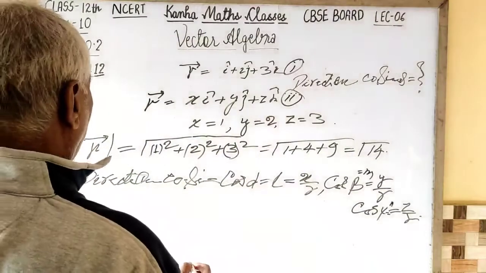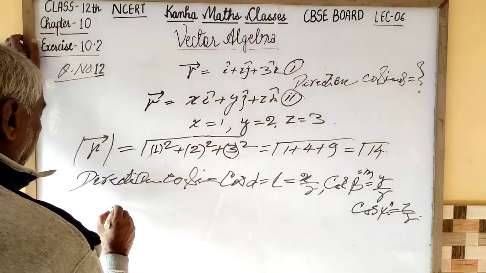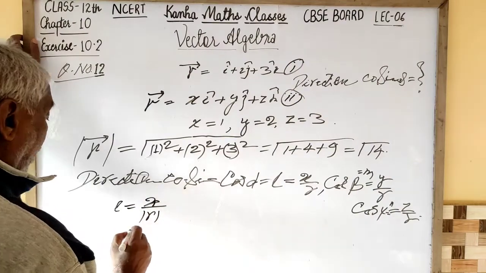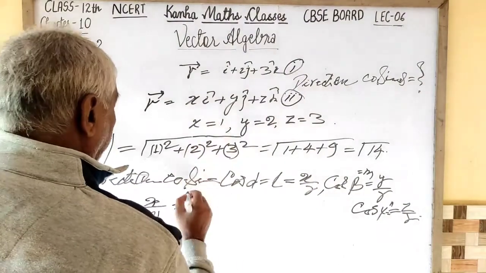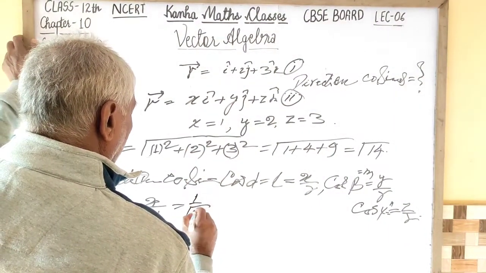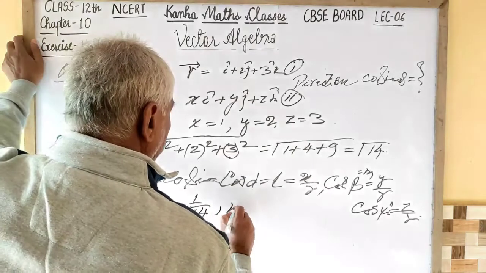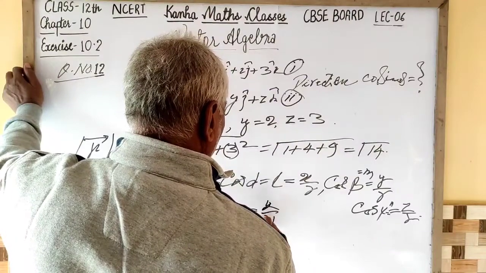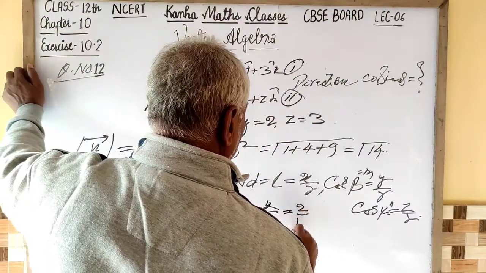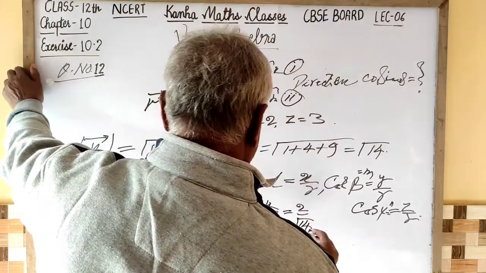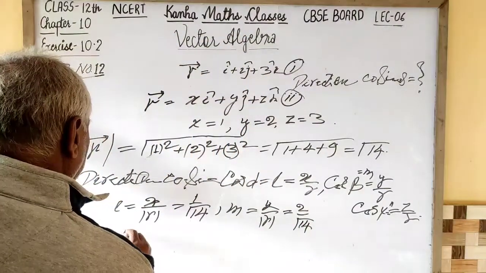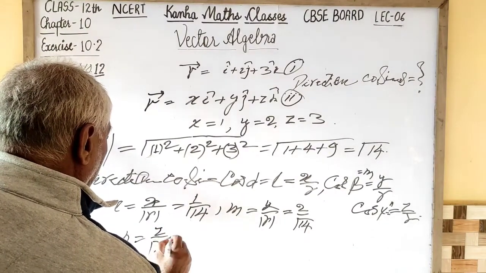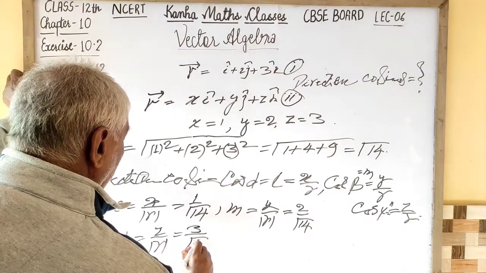Now l is equal to x by r, that is 1 upon under root 14, and m is equal to y by r, that is 2 by root 14, and n is equal to z by r, that is 3 by root 14.